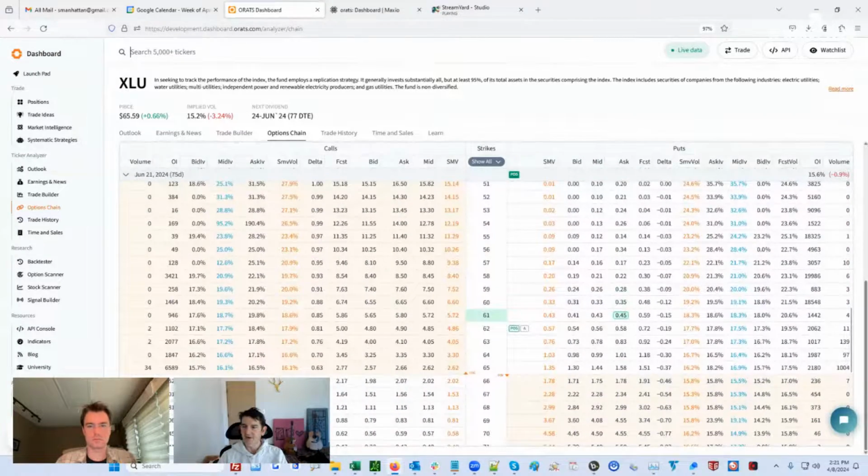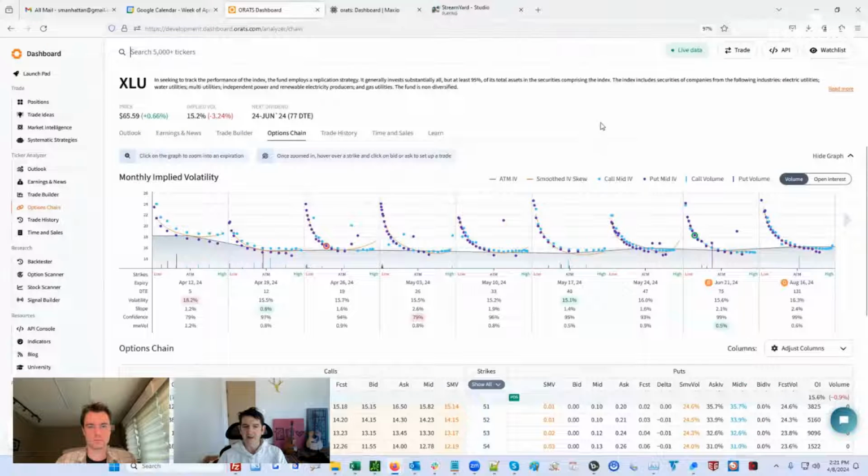So that looks fine. But what I like to do is see it in the month. We're buying Skew here. We're buying something a little bit higher up the chain, and we're selling something a little bit lower down the chain. That's the Skew that we're buying.